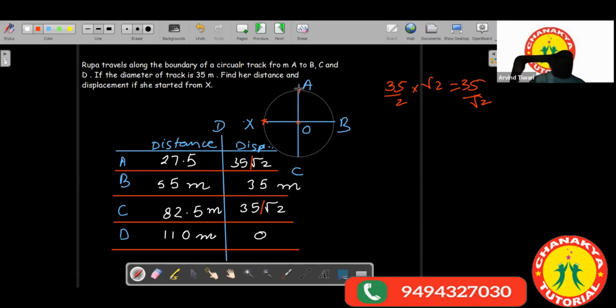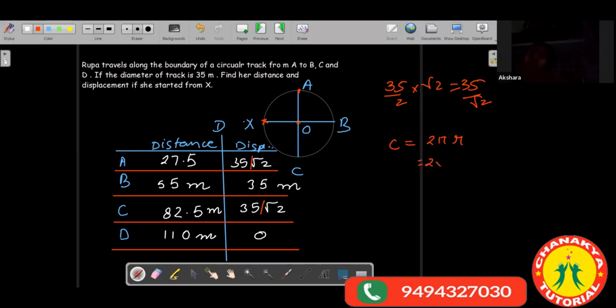When I reach the point A, what would be the distance and displacement? The distance would be the length of this arc AX. I can see that AX is the fourth part of the circumference. So you find out the circumference. The circumference would be given by the formula 2 pi r.